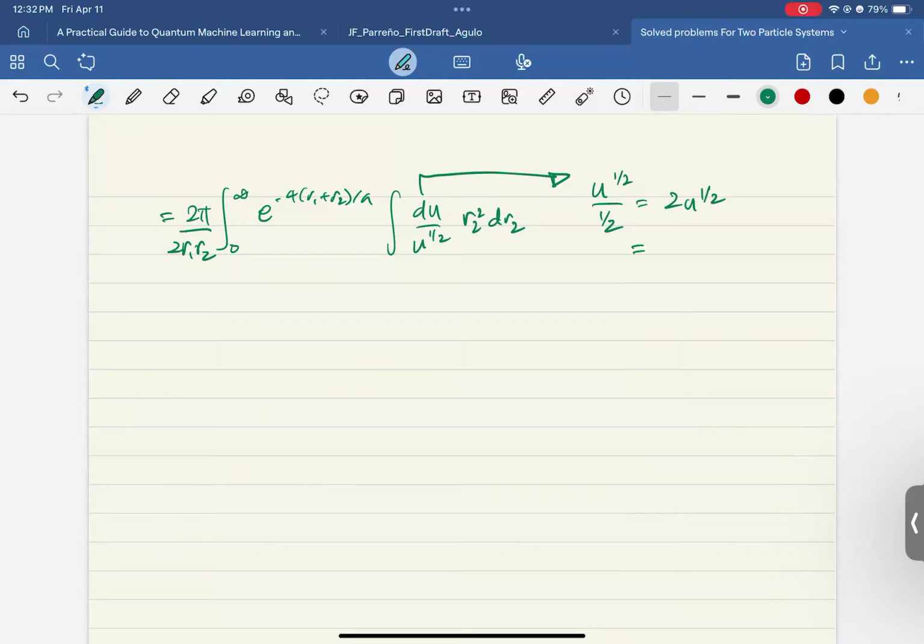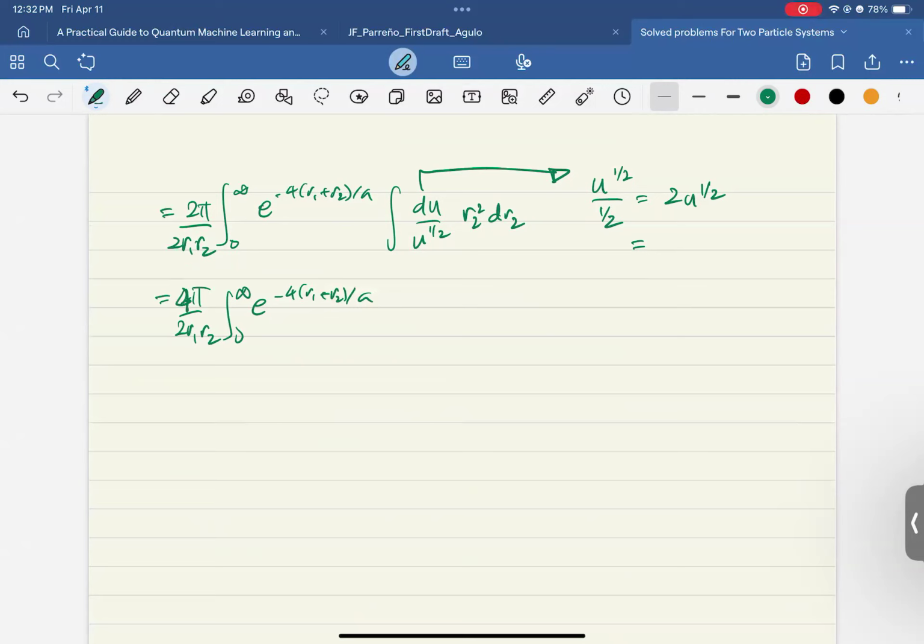Or, okay, if we replace it, so 2 pi 2r1 r2 0 to infinity ng exponential minus 4 r1 plus r2 over a, we get 2. Hindi. Sorry. 2 pa rin yan. Okay, yung 2 na ito at saka 2 na ito magka-cancel.